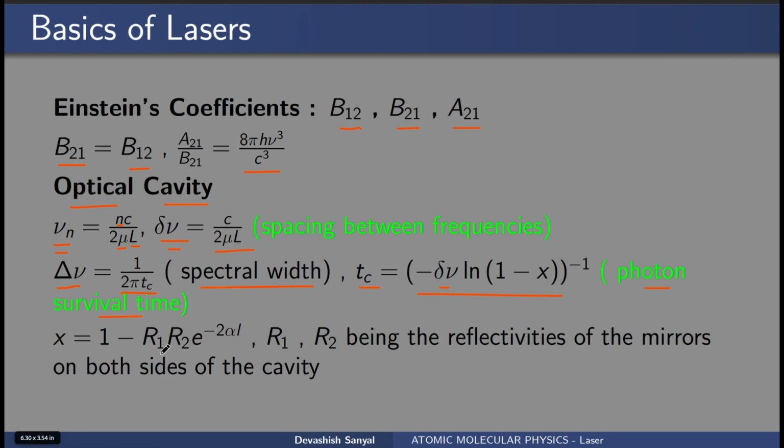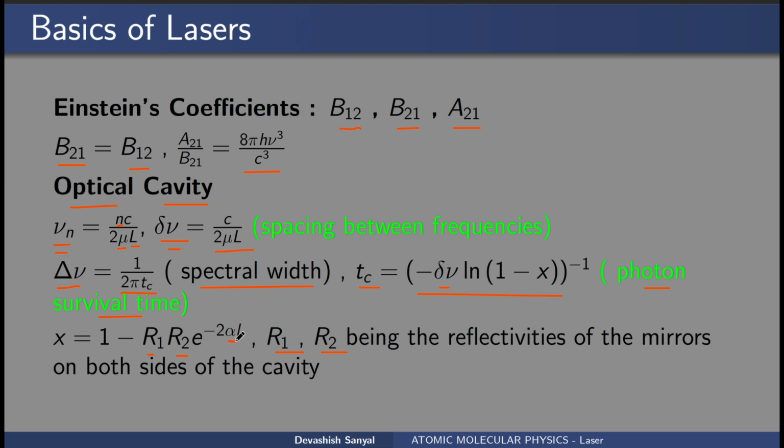optical cavity. So R1 and R2 are the reflectivities of the mirrors, and alpha is the absorption coefficient. So these all represent the losses.